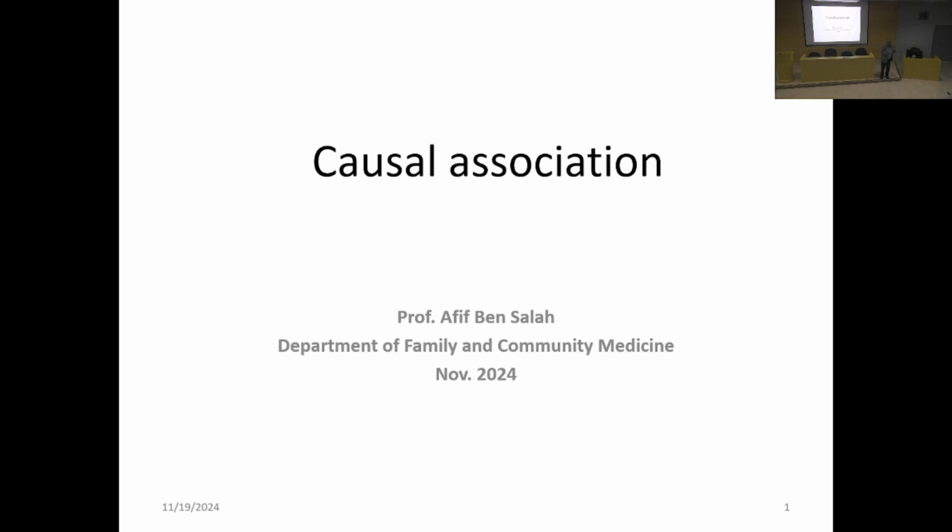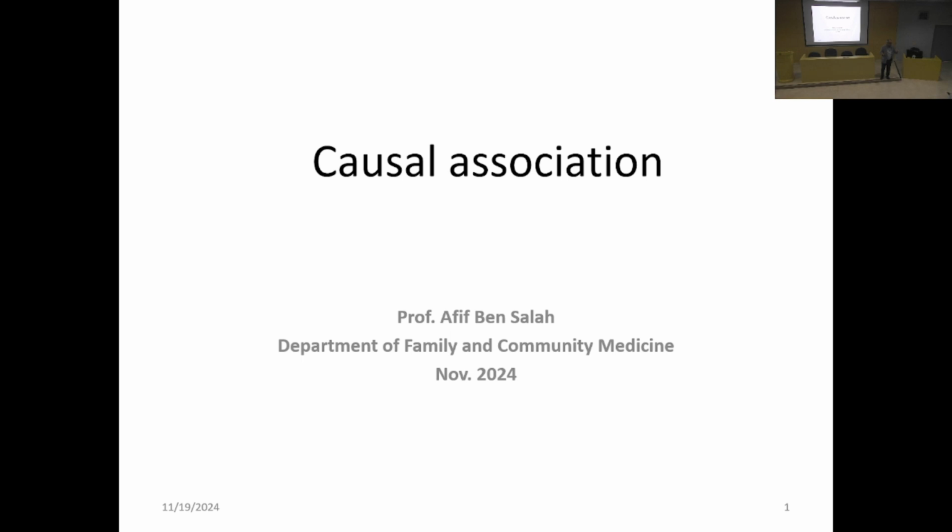we calculated the measures of association. Now we are going to move a step forward. When we do epidemiological studies, our aim is to identify the causes of disease. But the causes, we start by measuring the association. How we measure the association?